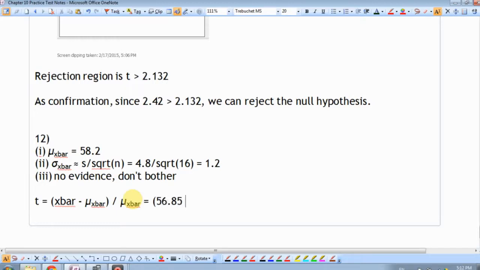So (56.85) minus 58.2, divided by 1.2. Two-tailed test.